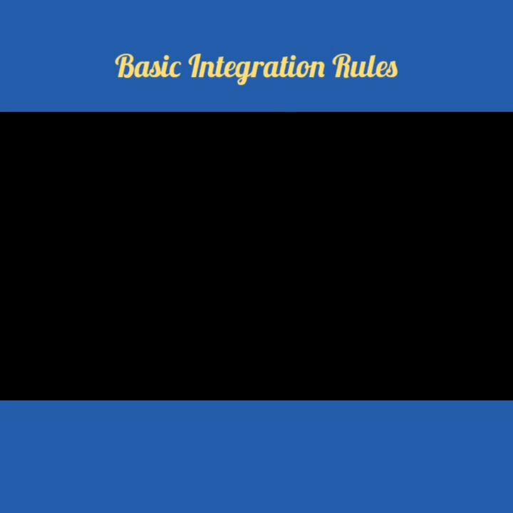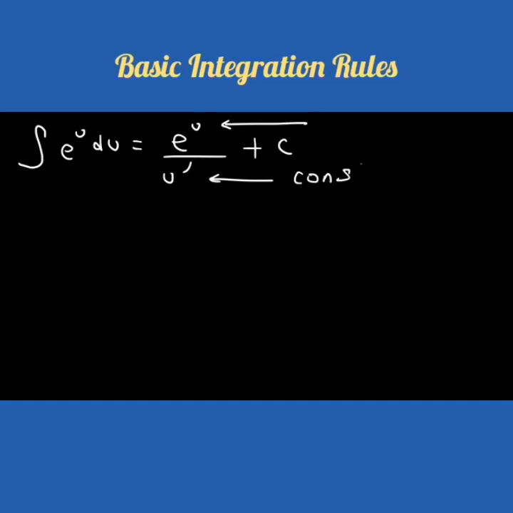Now let's try the integration of exponential, which is e raised to u du. So the integral of e raised to u du is equal to e raised to u over u prime plus c. Kapag yung u ay linear function and the u prime is constant, pero kapag hindi siya constant, hindi pwede tong formula na to. Ayan.